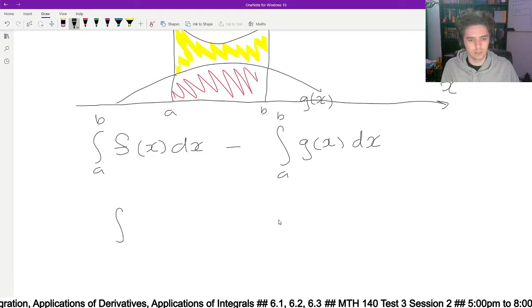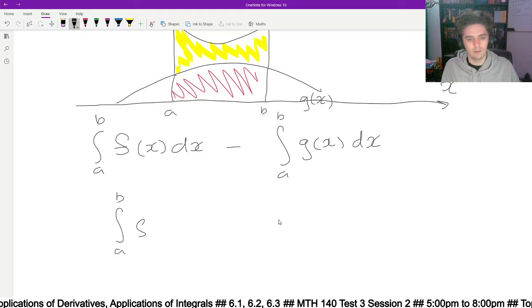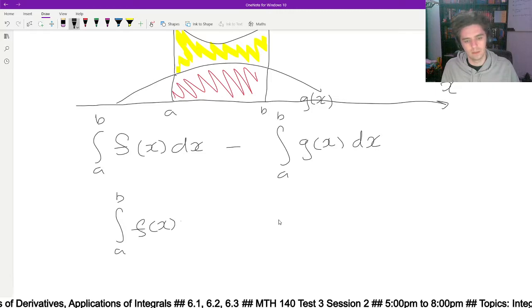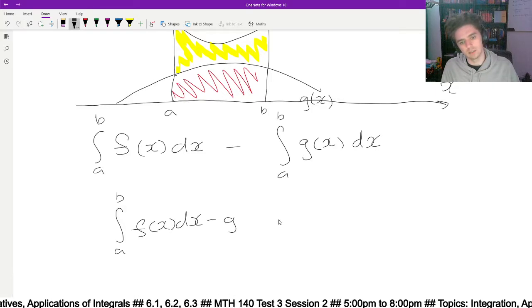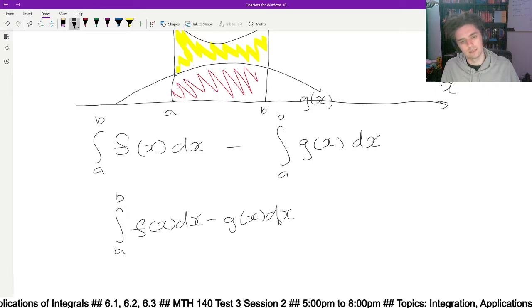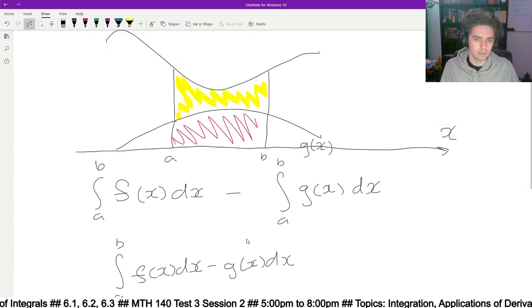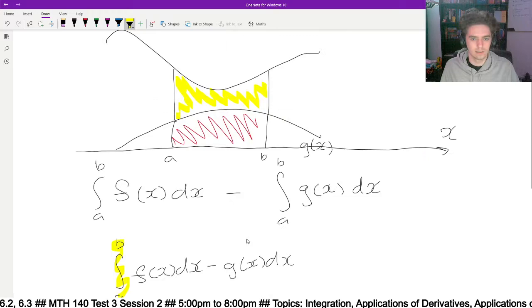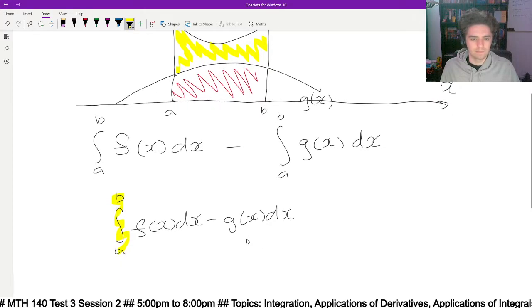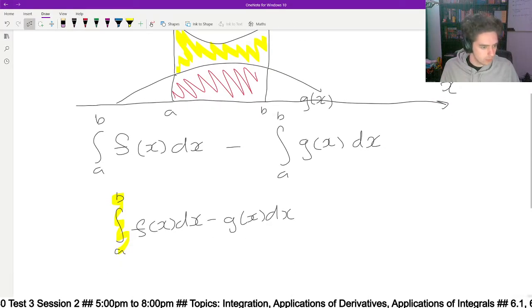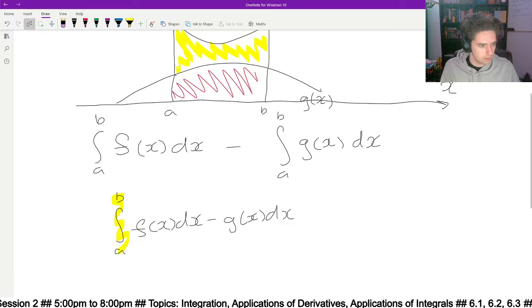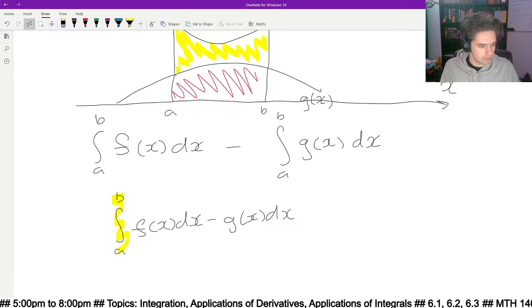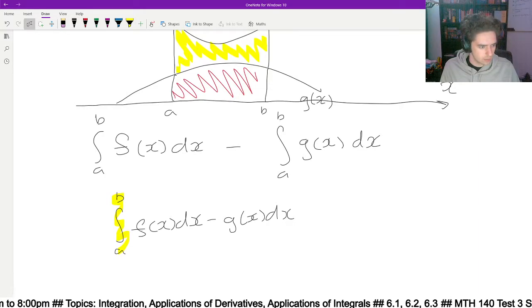So it's really just the integral from a to b of f of x dx minus g of x dx. And that's our area between a and b, this yellow area. And well, that's pretty much it. You can do it on the different axes too, though. So that's the difference. And we'll give it a shot.